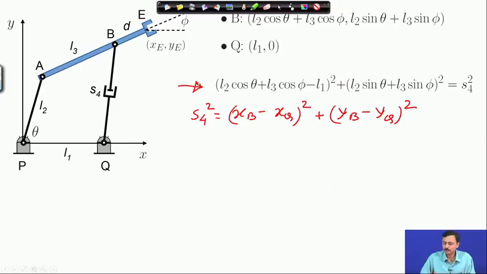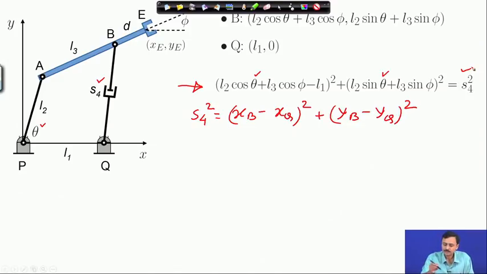And when you open this up and arrange the terms, then you can simplify this equation, remembering that we are given theta and S4 and the unknown here in this equation is phi. We are given theta and this S4, the only thing that is unknown is phi.